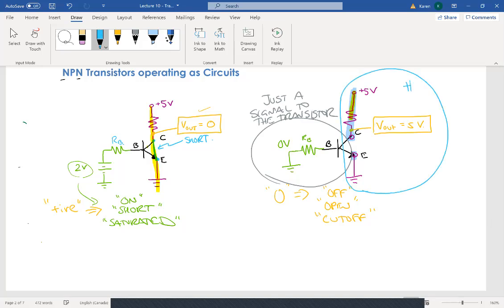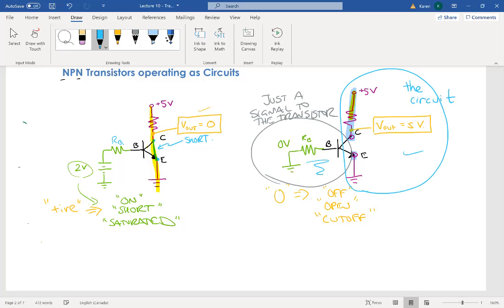So this is just the base signal over here, but this is the actual circuit. So that's why you're just going positive 5 volts to the collector. Of course, that's going to sit there at its positive 5 volts.